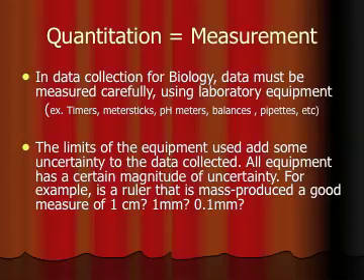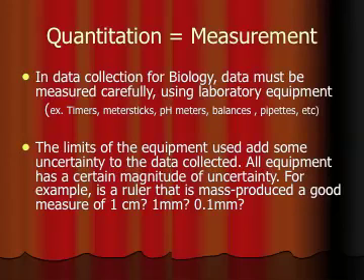Is it good to measure things that are 1 millimeter in size? Probably still yes, because you can still see the divisions of millimeters, so you can see whether it's 1 millimeter or 3 millimeters or 5 millimeters, so you can still use that ruler with a certain amount of certainty. Is it good to measure something that is 0.1 millimeter big? Probably not.